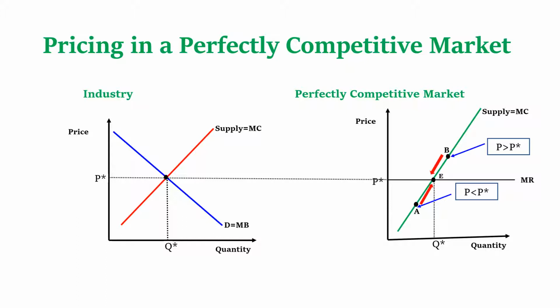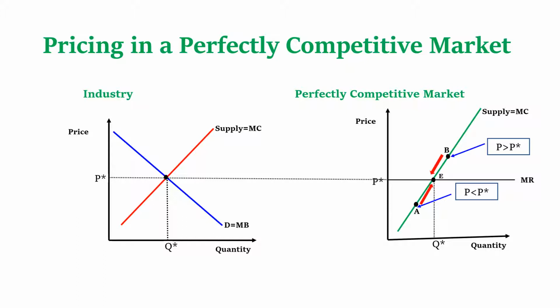Similarly, if the farm decides to sell at a lower price, that is at point A, lower than the equilibrium price or the market price, it's not going to make economic profits.